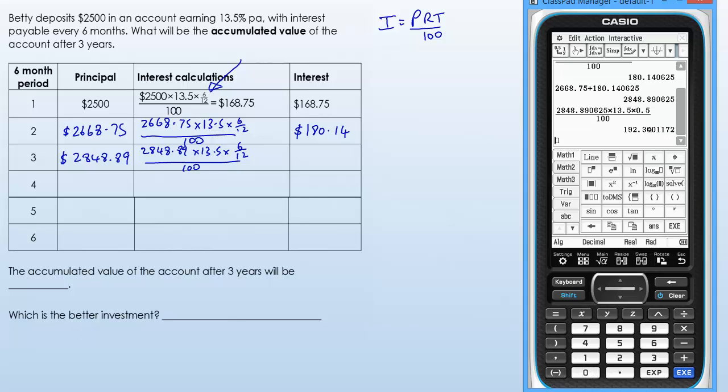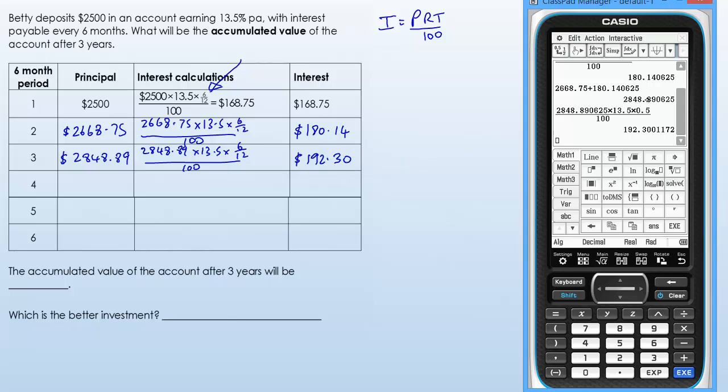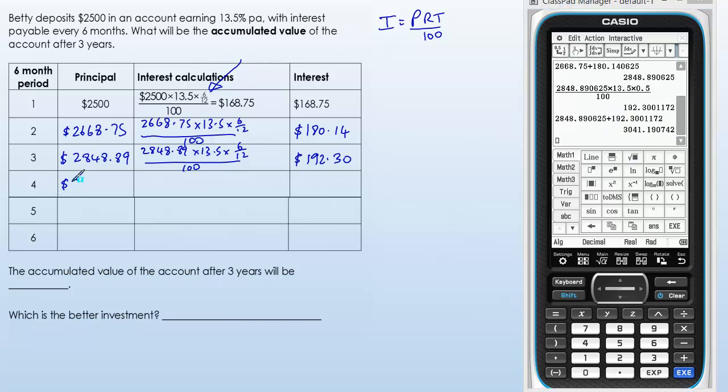And a good check that we're getting this right is that we should just see a small progression in the interest each time. So this is 192.30, and then my next principal is going to be the last principal, and we'll add the interest to that, and that's going to give me 3,041 and 19 cents.